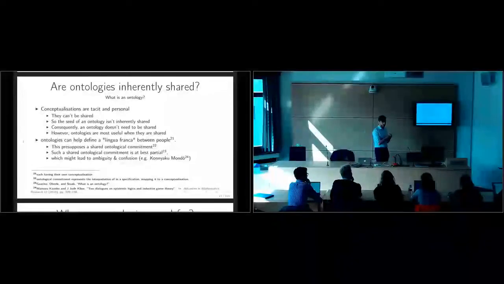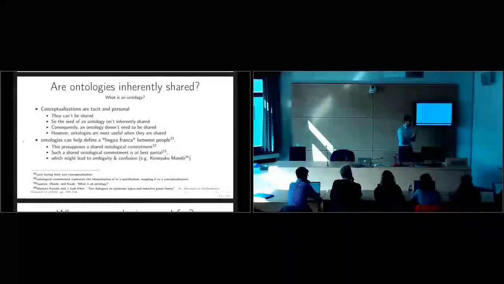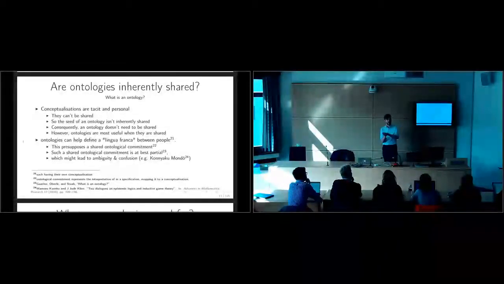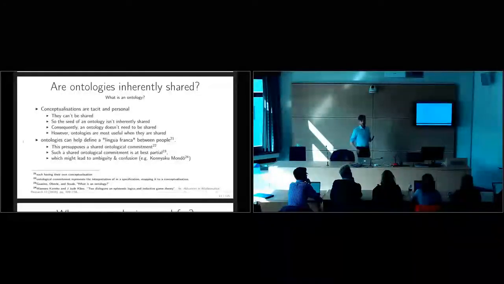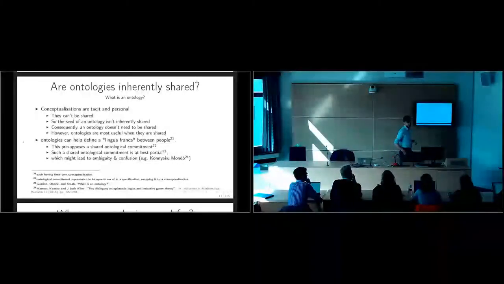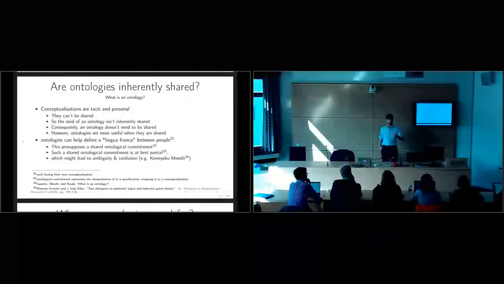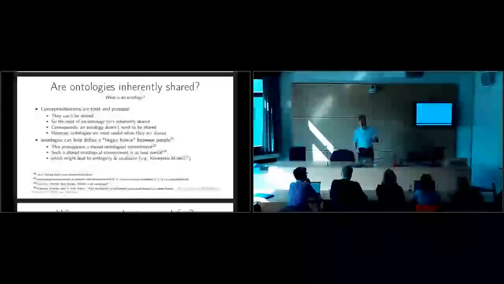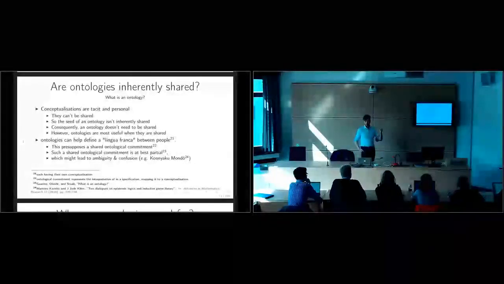So then the reason why I moved back to the first definition, although I have liked the second one more for a long time. So are ontologies inherently shared? The answer is no. Because you start with a conceptualization. Conceptualization is one person's view of the world. That is where you have to start.